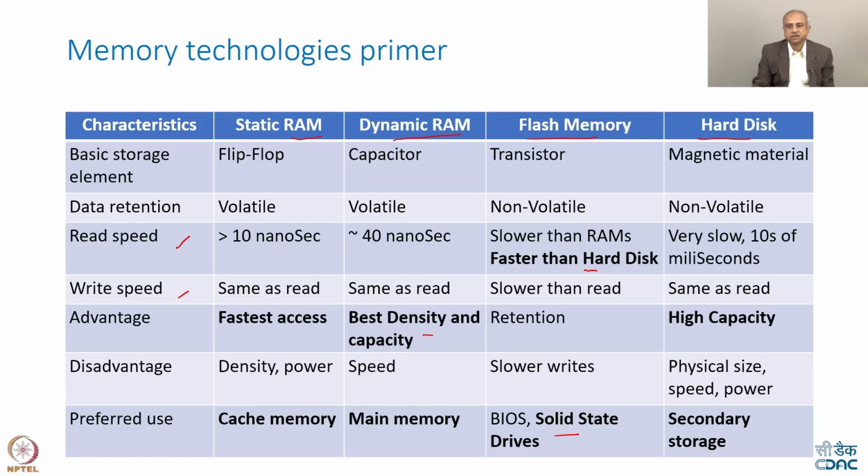Finally, when we want the highest capacity, we use hard disk as a secondary storage, but we also have to appreciate that it is the slowest of all because it uses a rotating magnetic medium.